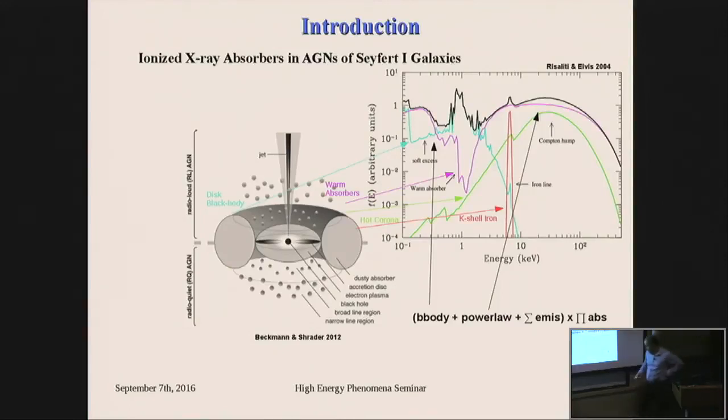Here you see a phenomenological model of X-ray observation. This is the black body, which is related to this region, and the power law related to this region. And the warm absorber is this component, which is usually observed in the soft band, and we also have the warm absorber iron line, which we observe at around 7 keV.